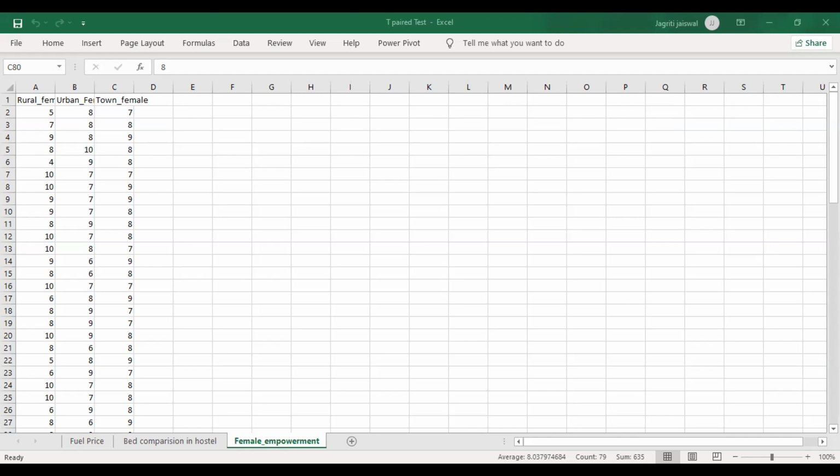This is one-way, or simply when you compare three groups or more than three groups, you can compare more than that. What will happen if we do it with the defined group?